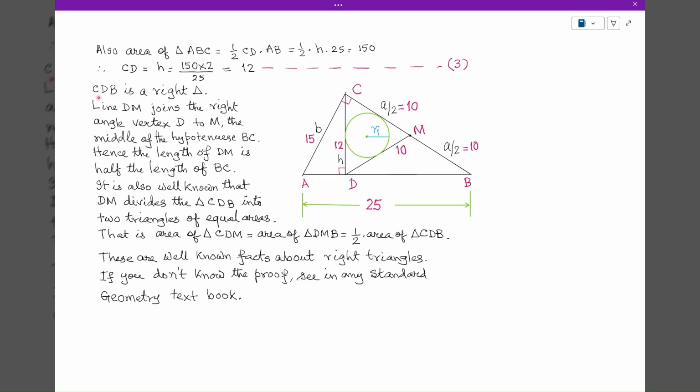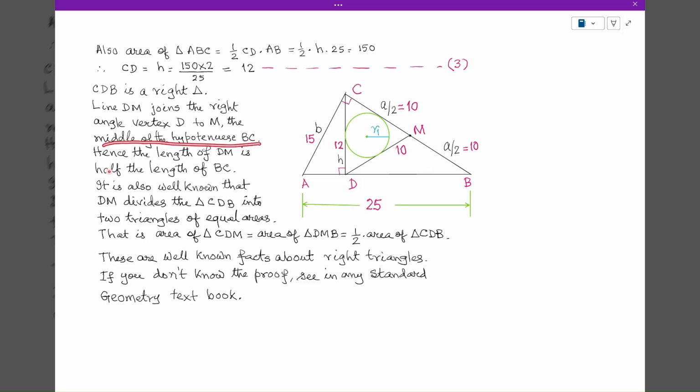Now, CDB is a right triangle with this angle being 90 degrees. Now, this vertex D is joined to M, which is the midpoint of the hypotenuse CB.